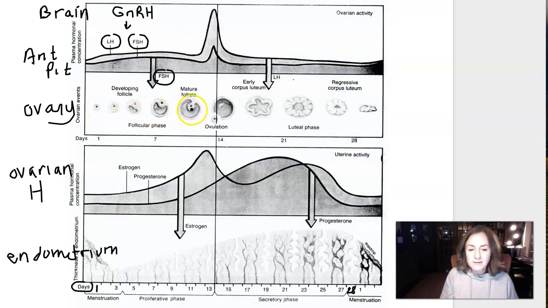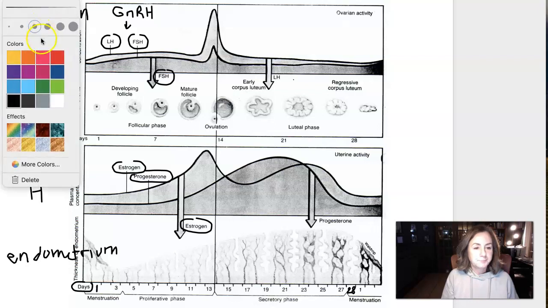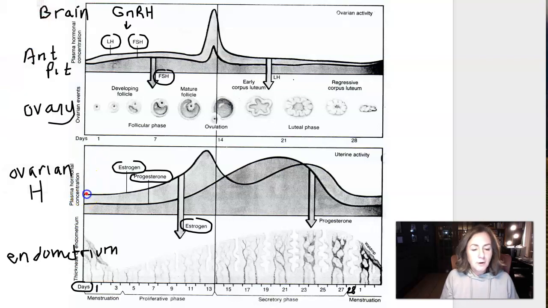But we know that as the follicle gets bigger, the growing follicle is secreting both estrogen and progesterone. Again, just like LH and FSH, both hormones are always present. But it's estrogen that is the star of the show before ovulation. Do you see how estrogen levels are going way up?